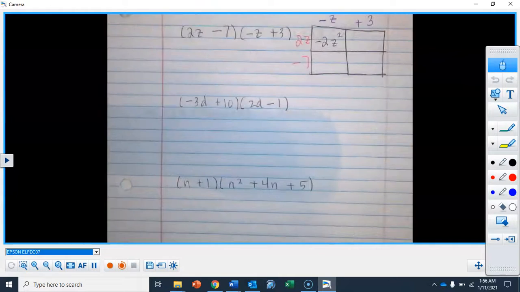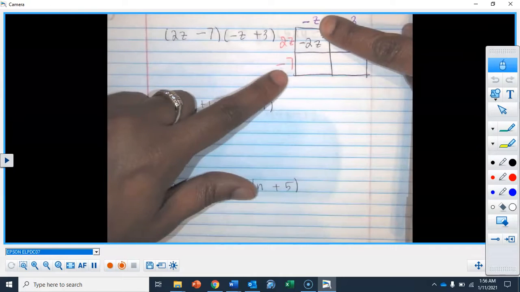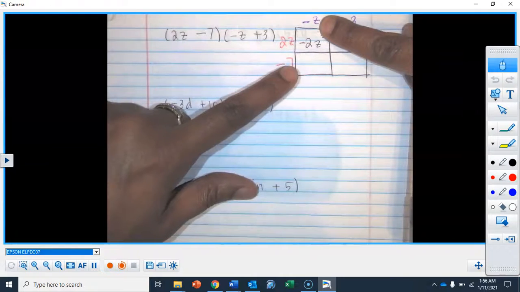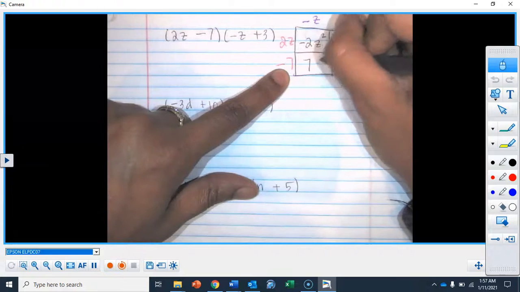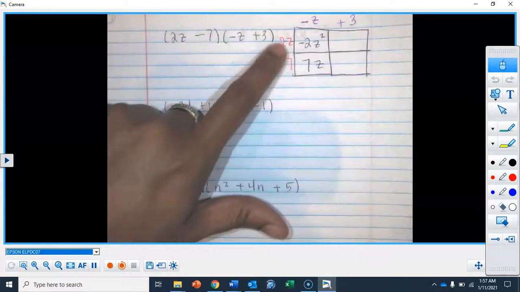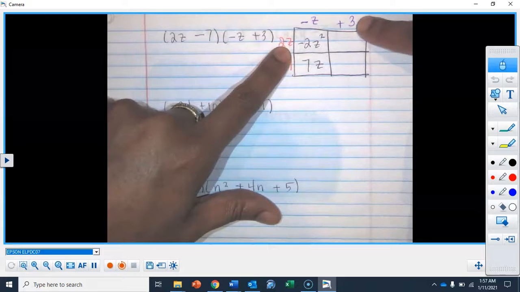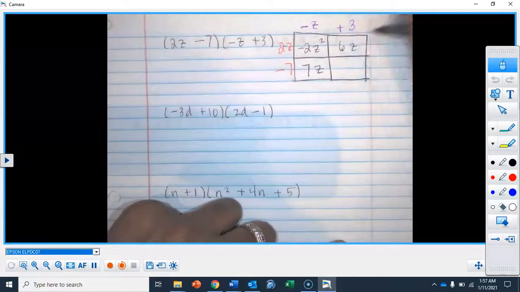All right, I'm going to zoom in. And then I'm now multiplying negative z times negative 7. I know a negative times a negative is a positive 7. And then we just glue that variable on the back. That's it. Now 2z times 3, again, I'm multiplying, that's 6z positive.